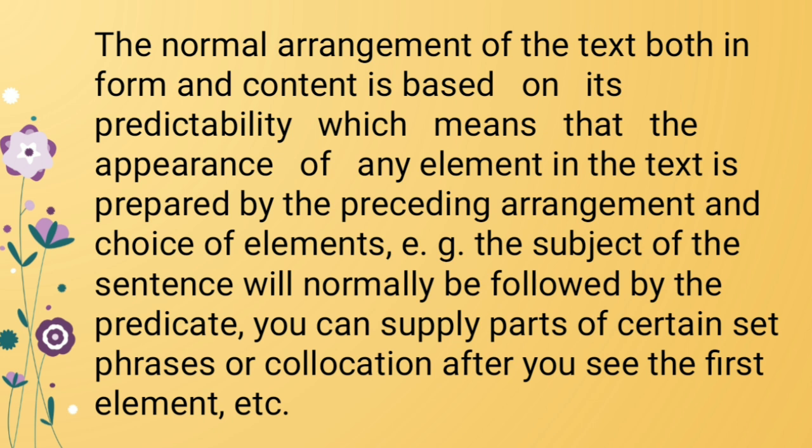For example, when you are reading this sentence, "the cat sat on the," and it stops there, you probably already know what comes next, right? You're expecting the word mat because it's a common phrase. So the cat sat on the mat. Even before you finish, you can already predict that the next word is mat.